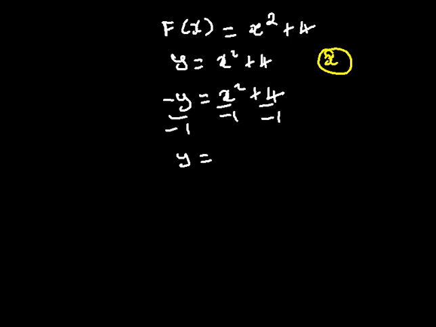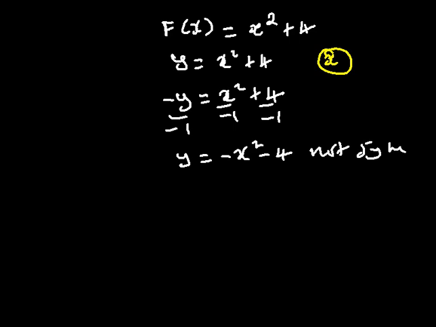We'll have y is equal to negative x squared minus 4. Now as you can see, the function obtained is different from this one, hence the function is not symmetric about the x-axis.